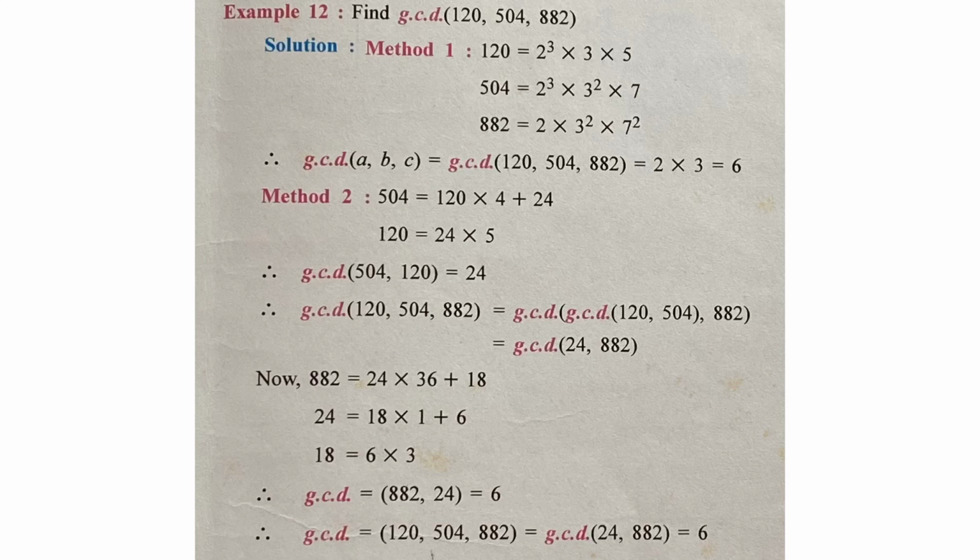So 24 is equal to 18 into 1 plus 6. Now divide 18 by 6. You can write it as 18 is equal to 6 into 3 plus 0. So now GCD of 882 and 24 is 6. So GCD of 120, 504, 882 is 6. This way, if three numbers are given, you can find GCD using Euclid's algorithm.